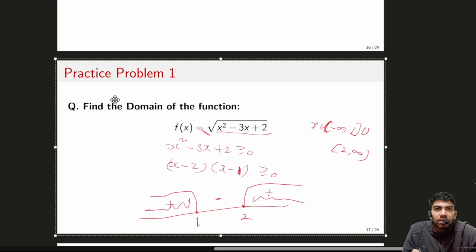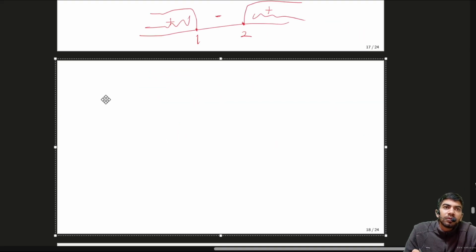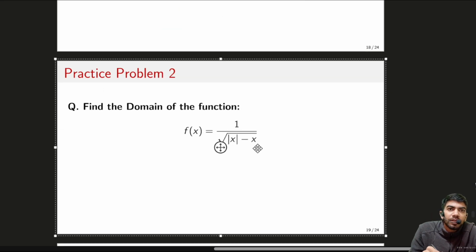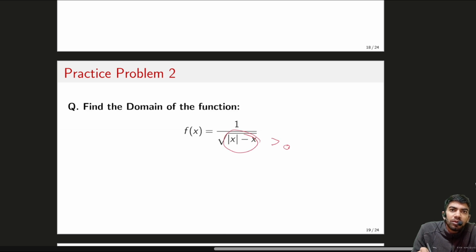Now I will explain the next example. Find the domain of the function. The denominator has a root, so this part must be strictly greater than 0. So mod of x minus x is strictly greater than 0, that is, mod of x is strictly greater than x.